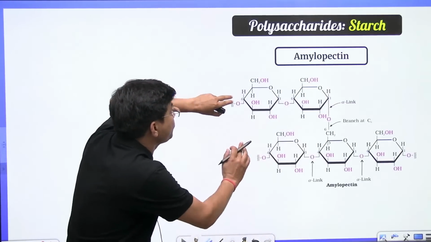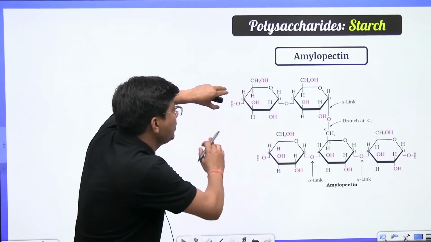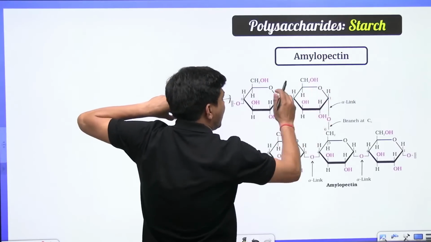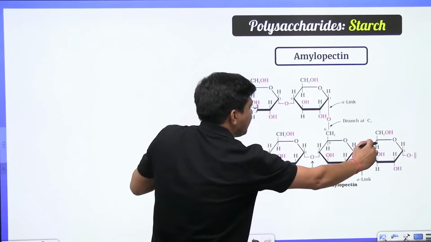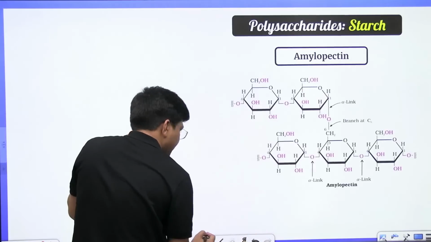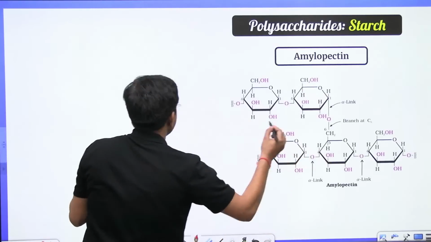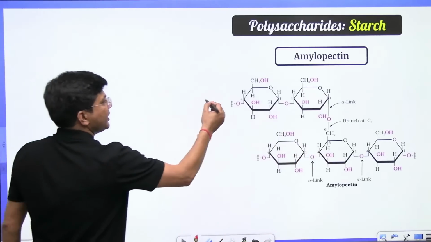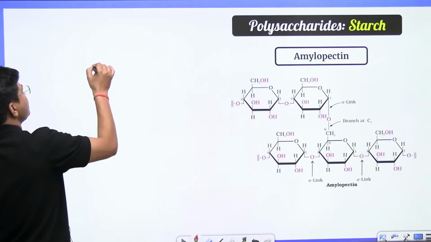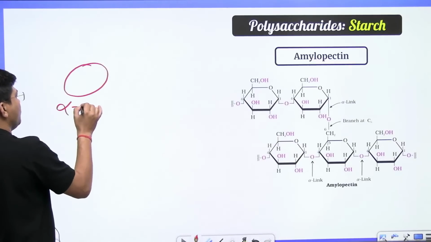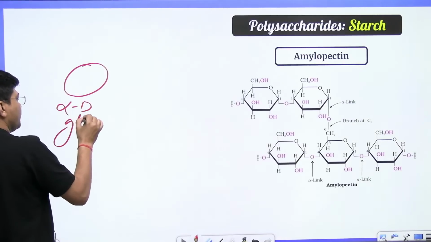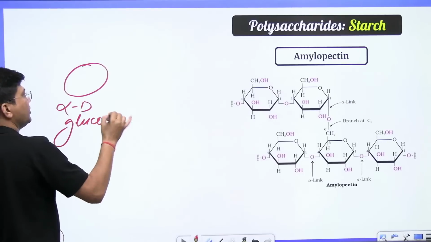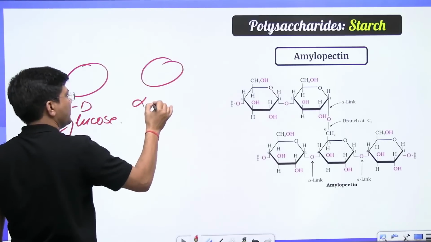Now, just try to find out what I am showing you. One layer of alpha D glucose with 1,4-glycosidic linkage and one layer of 1,6-glycosidic linkage. Let me write it down. Suppose this is alpha D glucose, and this is also alpha D glucose.